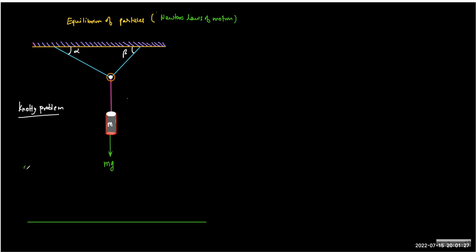The g is 9.81. So the gravitational force with which the cylinder is always being pulled is m into g. First things first. And the thread or the string develops tension as a result of that.